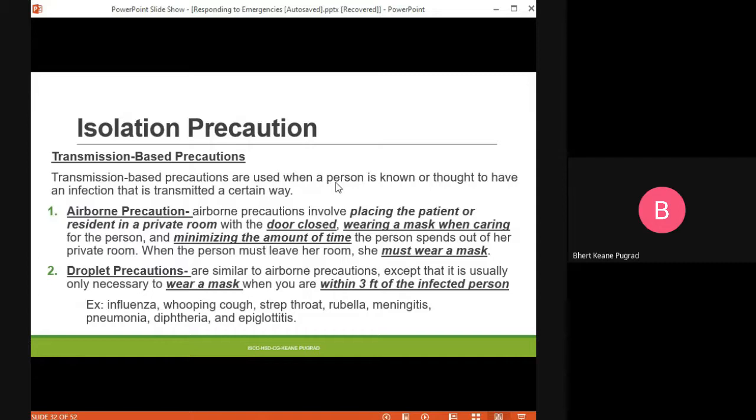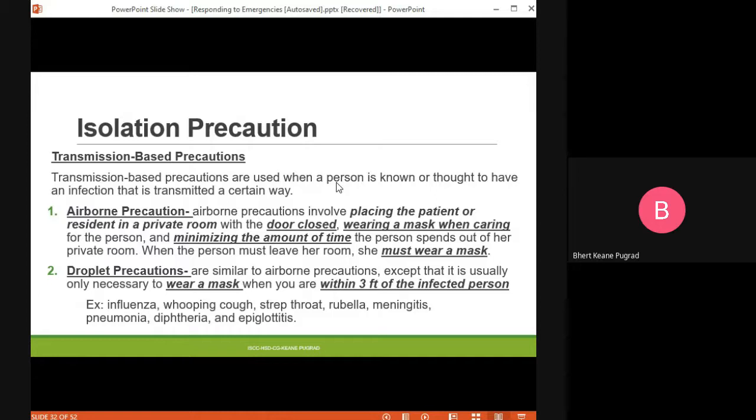Your airborne precaution involves placing the patient or resident in a private room with a closed door, and wearing a mask. You also need to wear a mask when entering the room or when caring for the patient, and you need to minimize the amount of time spent with the patient.